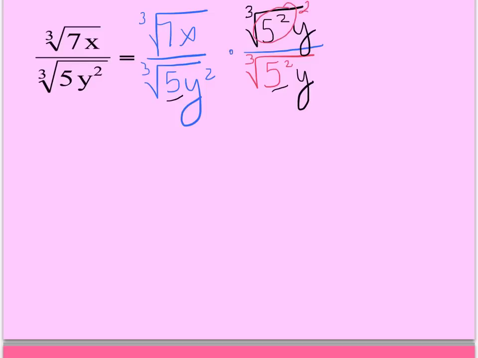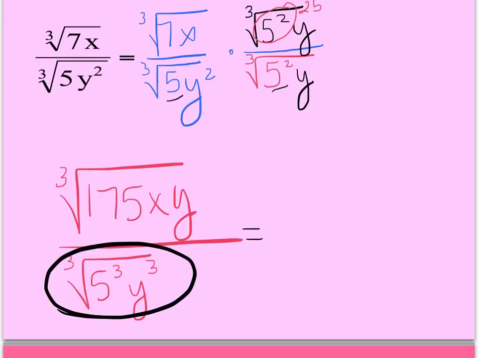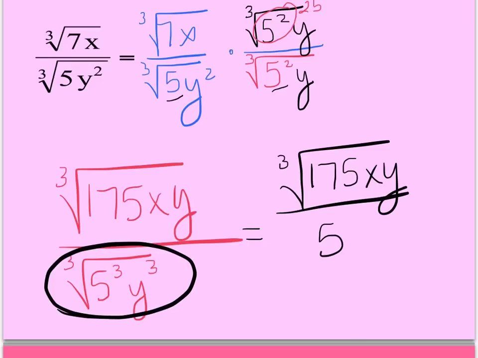So I'm going to say I get the cube root of 7 times 25 is 175, and that's xy over. And I'm going to have the cube root of 5 cubed y cubed. And this I can completely simplify, and I get the cube root of 175xy over 5y. And that's my answer.